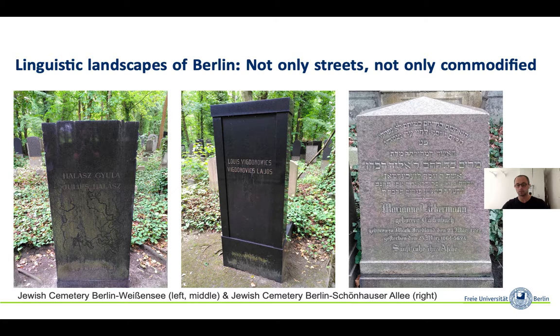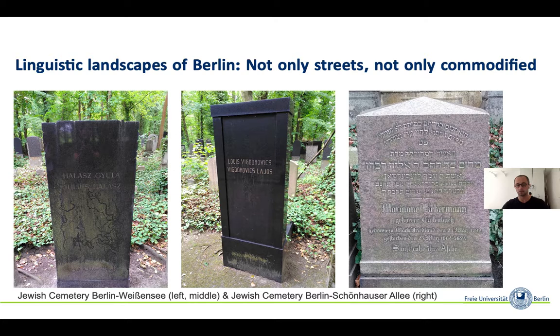And here I have three pictures from two different Jewish cemeteries in Berlin, one in Weißensee and the other one at Schönhauser Allee. And you see here the use of different scripts, as you can see on the right-hand side, right? So Hebrew and German or Latin script, and then also different languages.